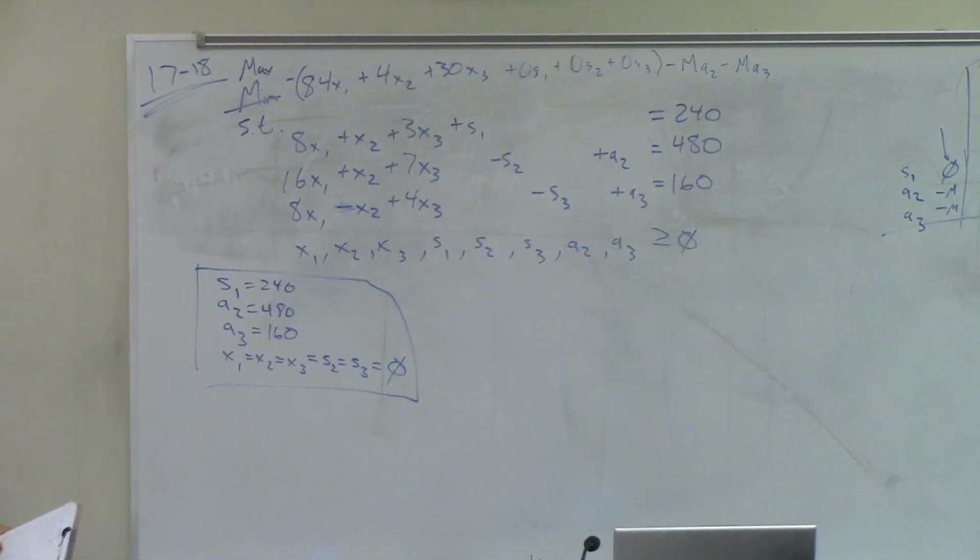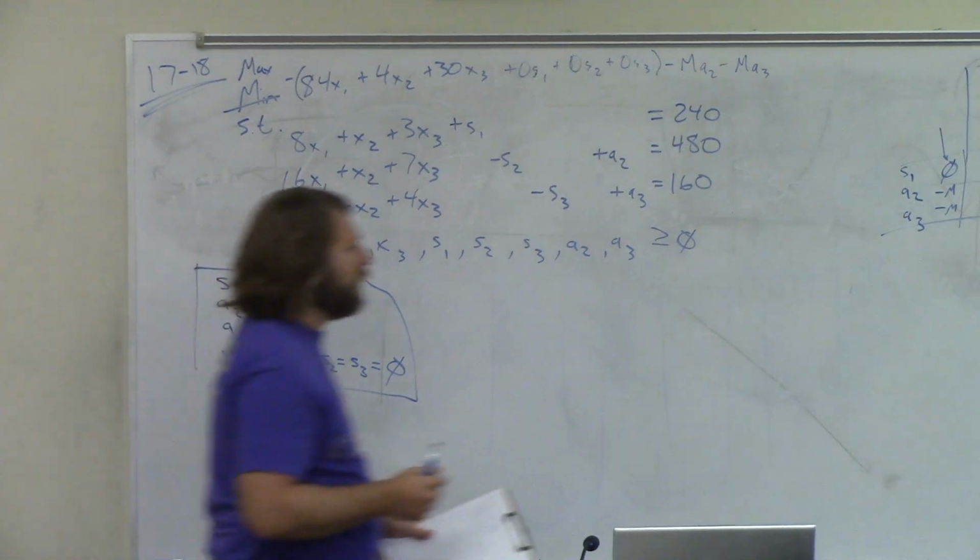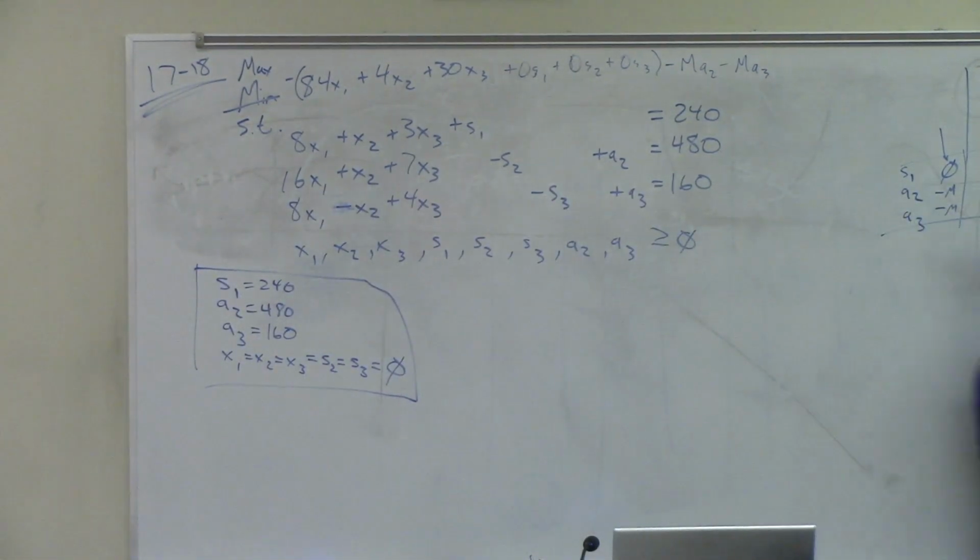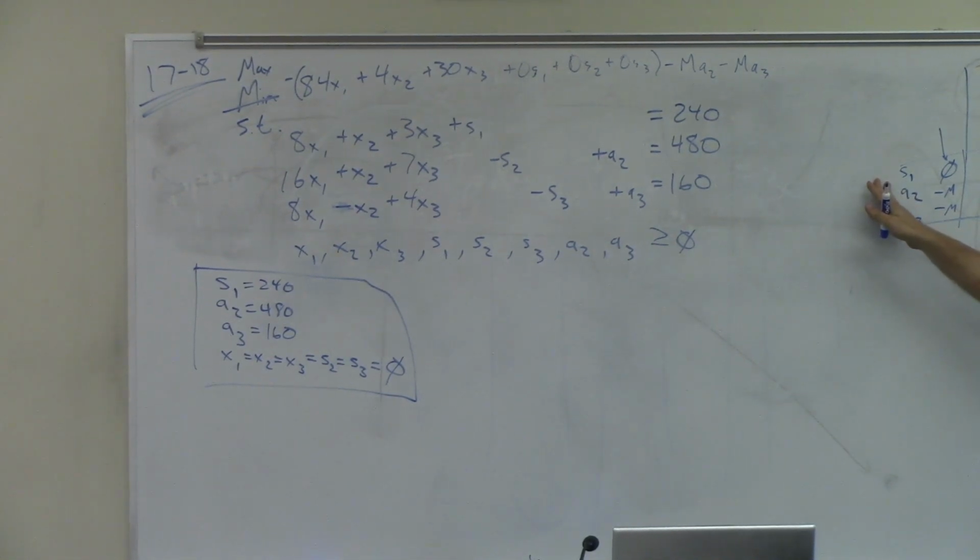All right. So now here's where I go into fast forward mode. I'll give you what the basis variables should have been for each iteration. After this first iteration, you should have replaced the A3 variable with the X1 variable.